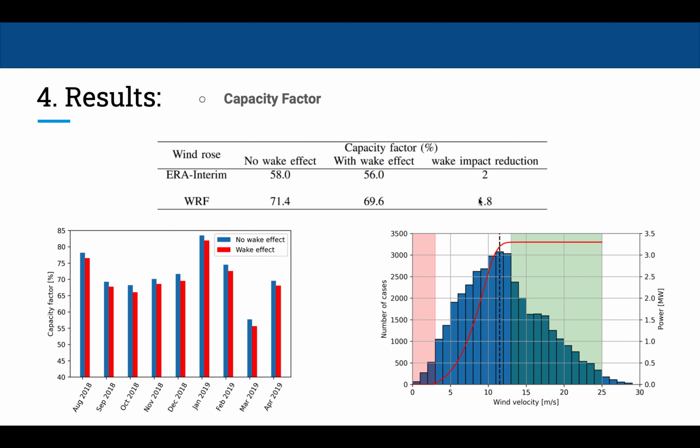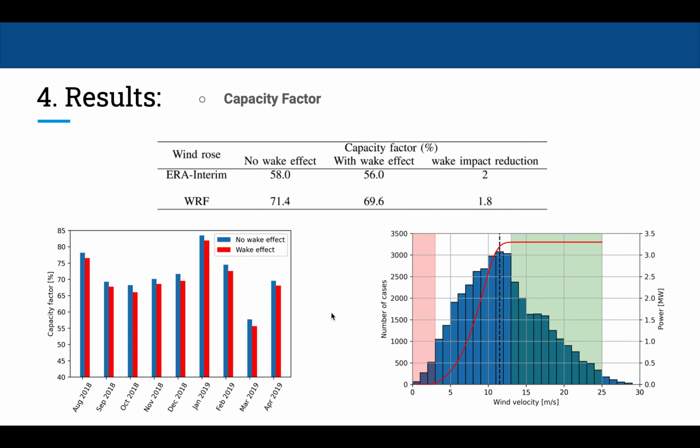This means that the presence of the wind turbines and the wake interaction between them will reduce the capacity factor by 2%. And we can also observe in this table that the value for the WRF model, considering the wake effect, is closer to the one reported by the wind farm than the one from the reanalysis.